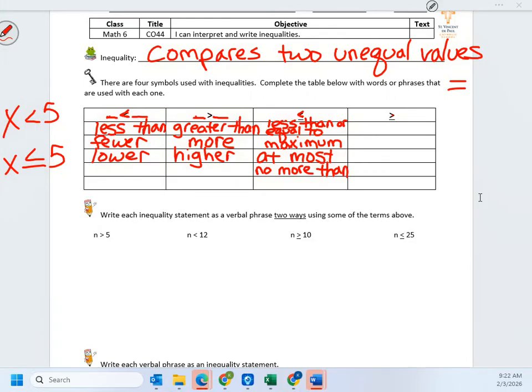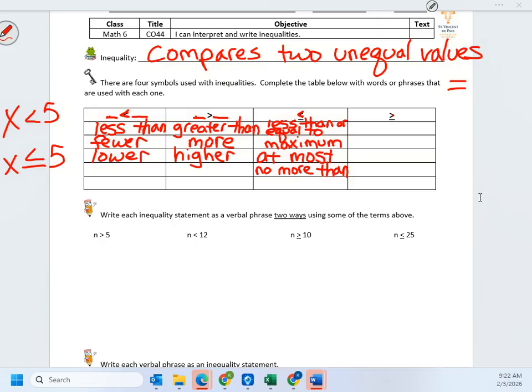Right? You could spend $5, you could spend $10.99, but you can't go past 20, no more than $20, because you only have a $20 bill in your pocket. Okay, so that's less than or equal to. You can spend the 20 or a smaller amount.